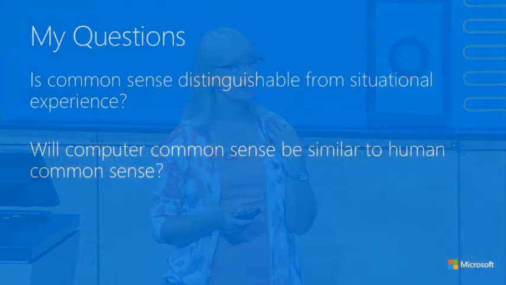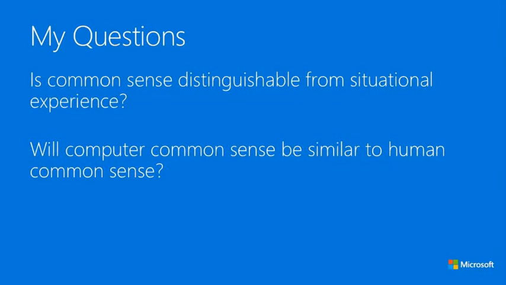So the questions that I came up with as I was preparing the talk are, one is, I'm not quite sure whether we can distinguish common sense from situational, contextual experience and awareness. I really don't know how to make that distinction if it's not about the words of the language.